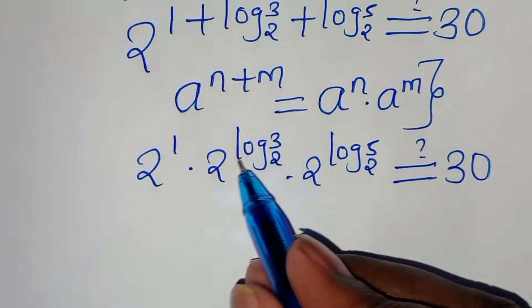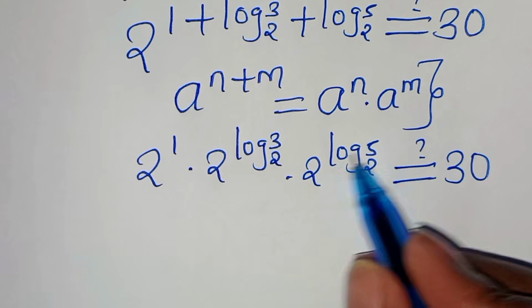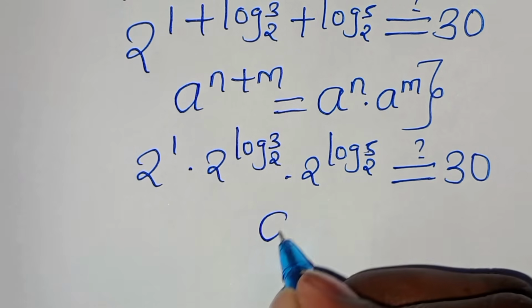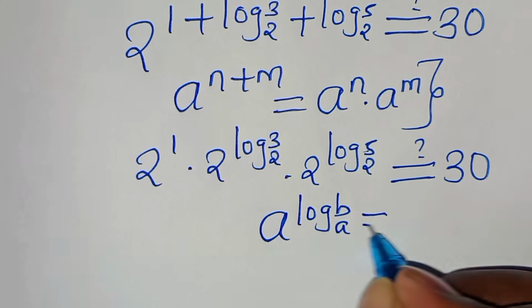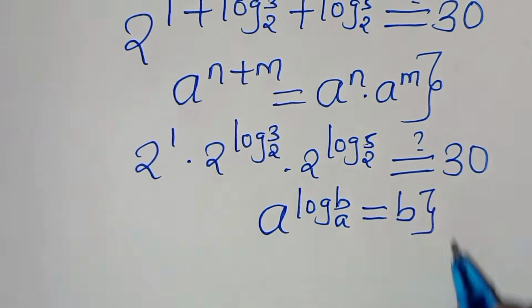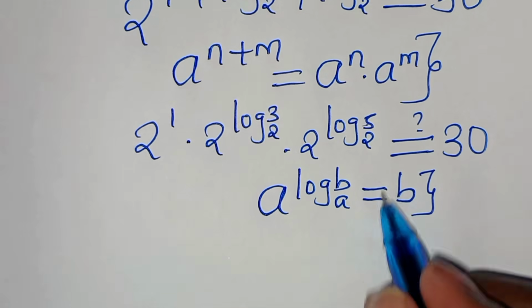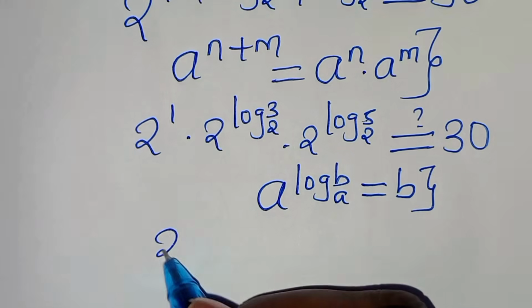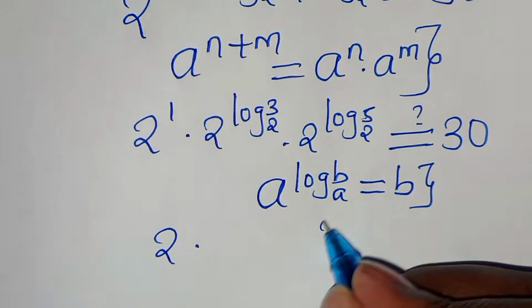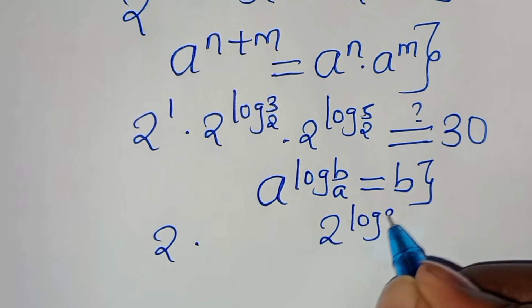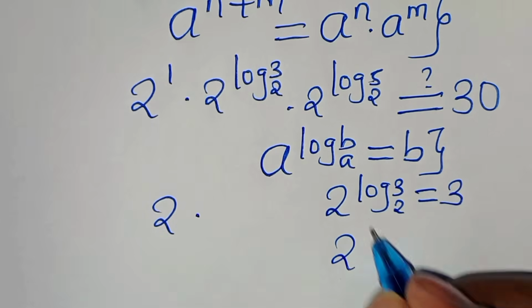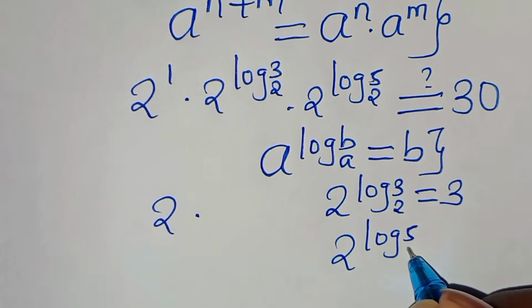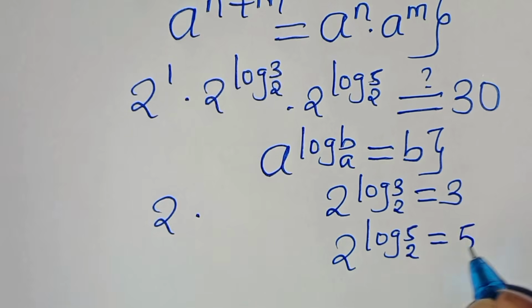Now, 2 to the power of log 3 to base 2 and 2 to the power of log 5 to base 2 are in the form of a to the power of log b to base a, and this should give us a value of b. Applying this logarithm property, we have 2 times, now 2 to the power of log 3 to base 2 is equal to 3, and 2 to the power of log 5 to base 2 is equal to 5.